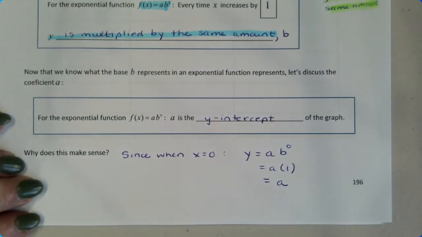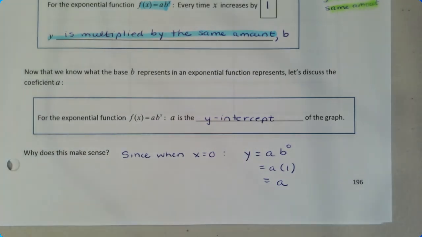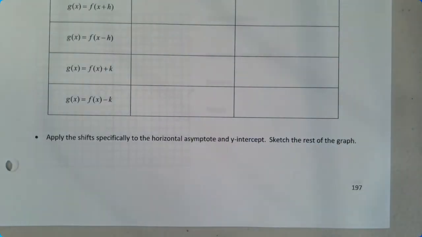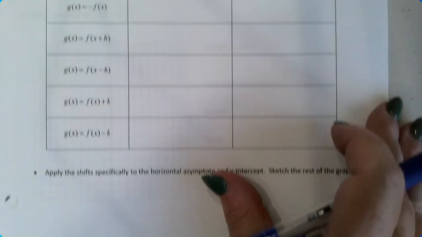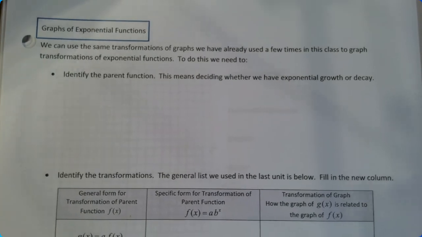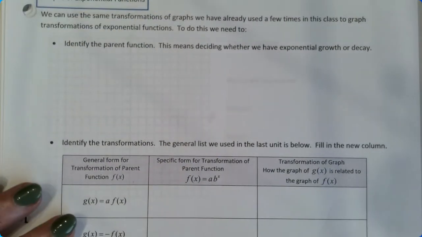So we just end up with a. When x is 0, y is a. That means a is our y-intercept. All right, well, that gives us a lot of information about the relationship between the a and the b values and what we're seeing on the graph.